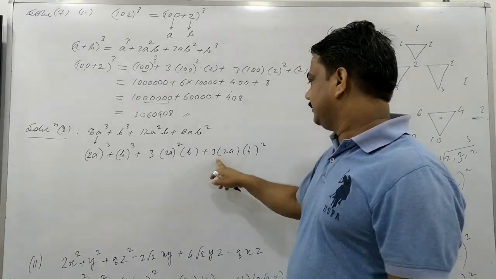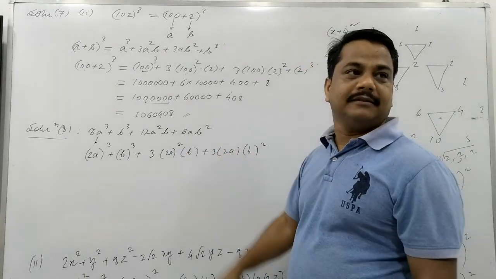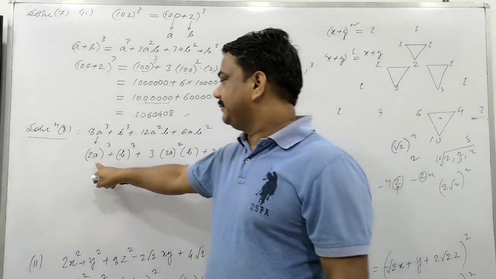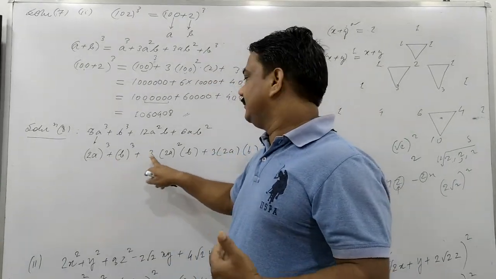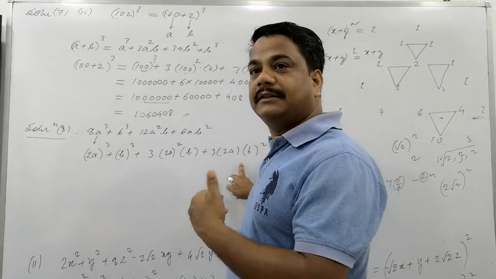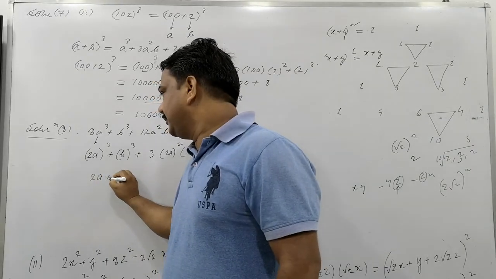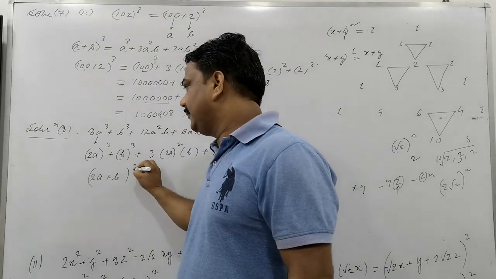Again 3 twos are 6, so 6 a b square is coming. Yes. So in that form: first term cube, second term cube, 3 first term square second term, 3 first term and second term square. What can we write in this place? (2a plus b) whole cube.